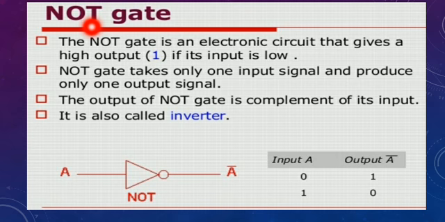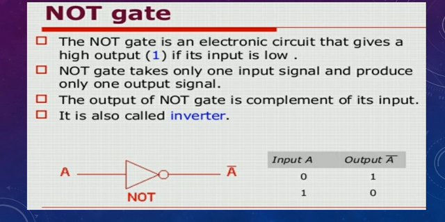See this? The NOT gate is an electronic circuit that gives a high output if its input is low. The NOT gate takes only one input signal and produces only one output signal.